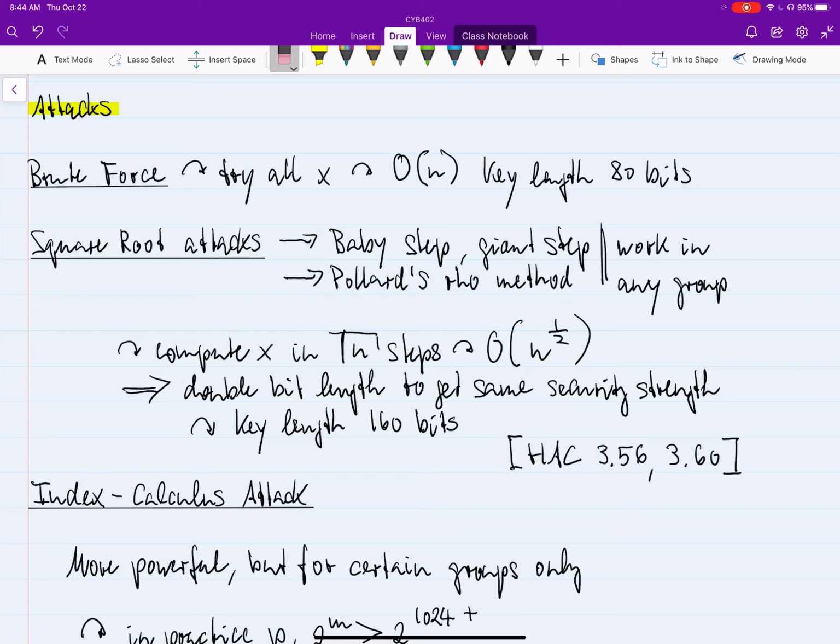Let's look into attacks. Again, as I mentioned above, attacks basically define the key length of modern cryptographic systems.